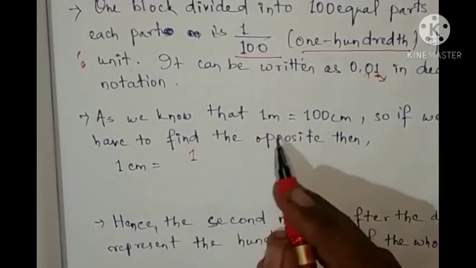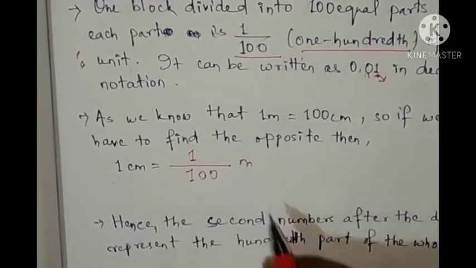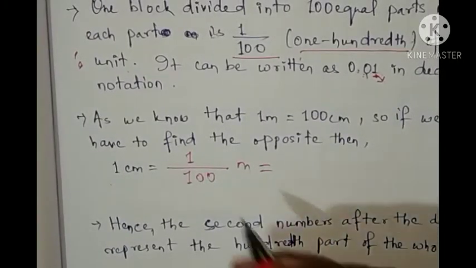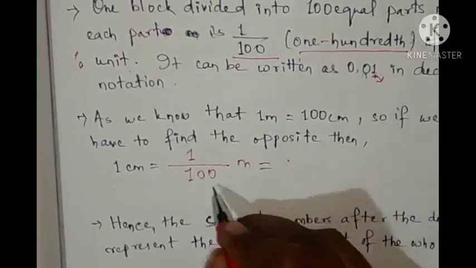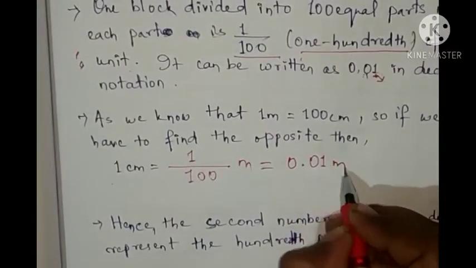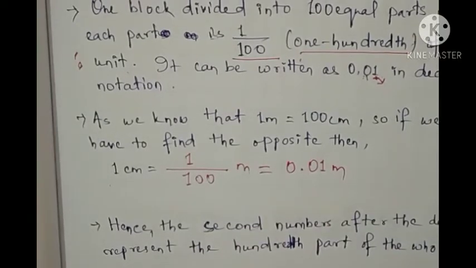In meters, 1 by 100 meter. We can write this as 0.01 meter. So the second number after the decimal represents the 1/100th part of a whole.